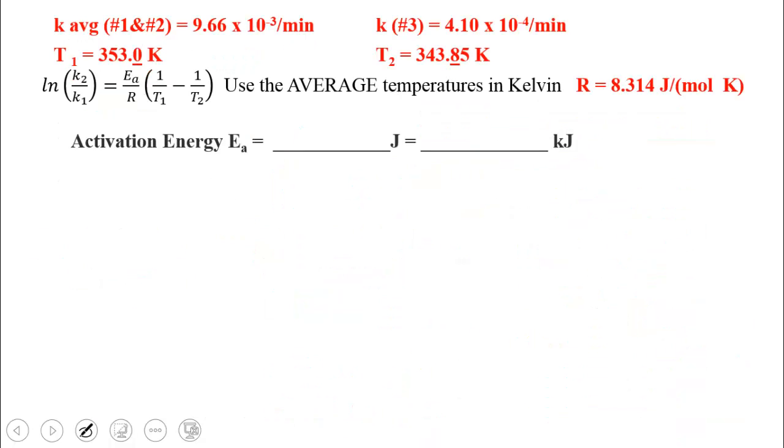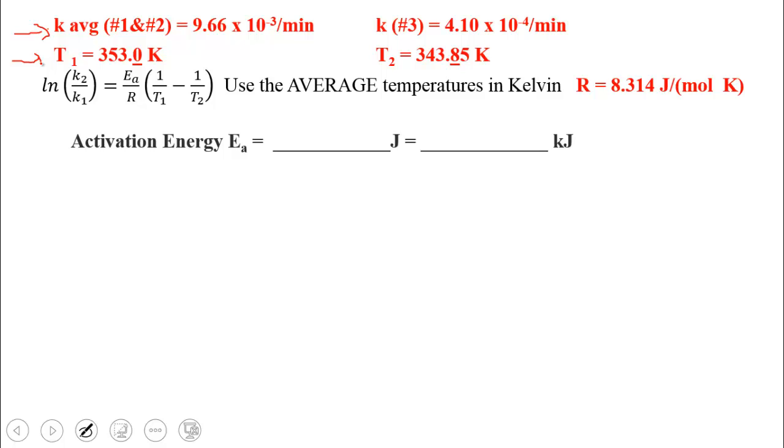Now, we're ready for finding the activation energy. In order to find the activation energy, I need a couple of pieces of information. First of all, what is the average rate constant for test tubes number 1 and 2? And what is temperature 1? What was the temperature in test tube number 1 and 2?